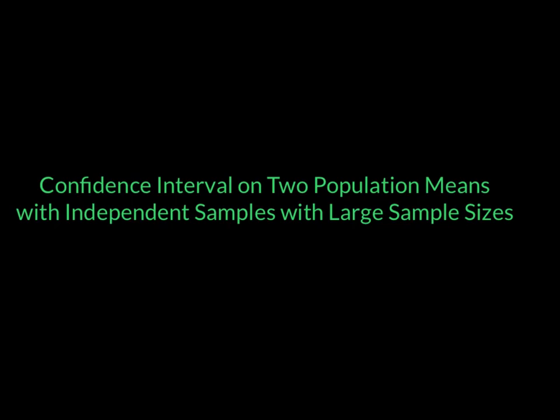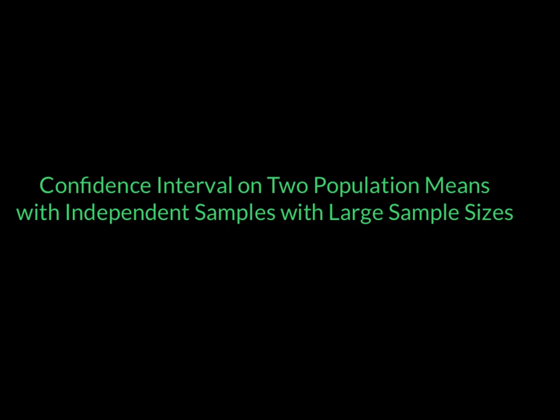It's very important when we create confidence intervals that we know what type of samples we have, independent or dependent, and whether we have a large or small sample size, because the formulas you will be using will depend on the type of samples and the sample sizes.